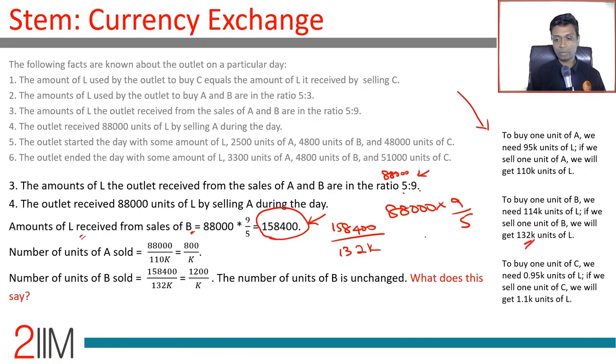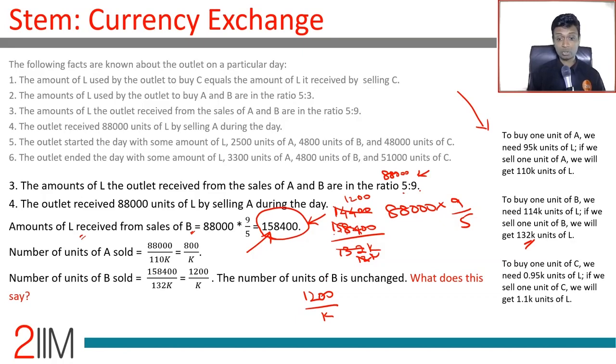And 1584 is definitely a multiple of 11, so we should be able to simplify this, divide by 11, make this 12K. This is 1200 by K. 1200 by K units of B were sold. Only that would have given us this many units of L at the end of it. That means 1200 by K units of B are bought.